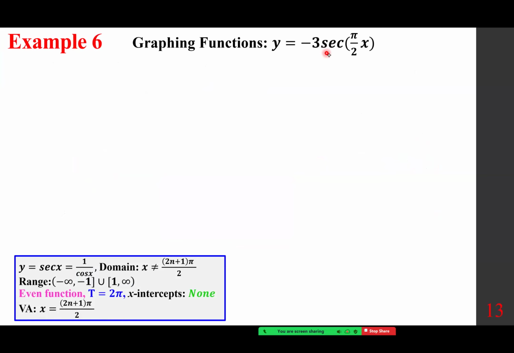Graphing y equals negative 3 secant of π/2 times x. Let's graph this. Again, reminding everyone that y equals secant x means 1 over cosine x. And from here, we want to go to this graph, y equals minus 3 cosine of π/2 x.